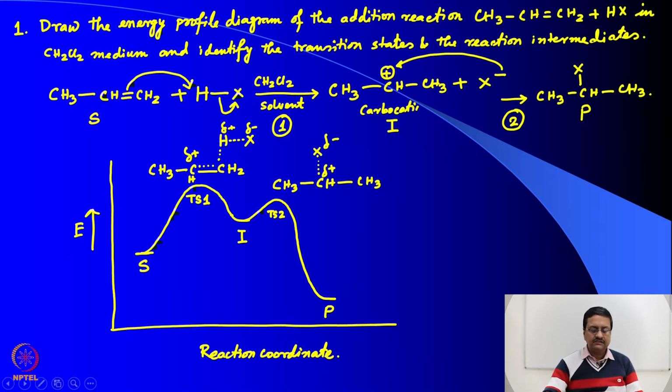So these are the two transition states in this reaction, and substrate, intermediate and product are identified with S, I and P. So this should be the complete answer to this type of question. We have identified the reaction, written down the mechanism, and also identified the transition states and the reaction intermediates.